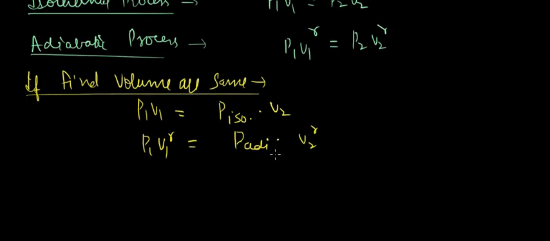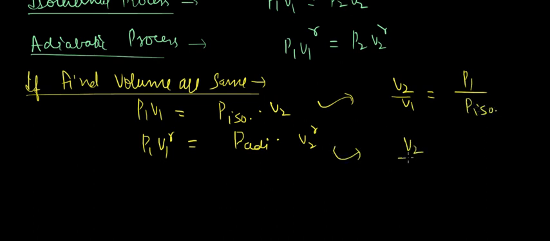So if you take the ratio of V2 upon V1, from this equation V2 upon V1 would be equal to P1 upon P isothermal, and from this equation we can write that V2 upon V1 to the power gamma would be equal to P1 upon P adiabatic.